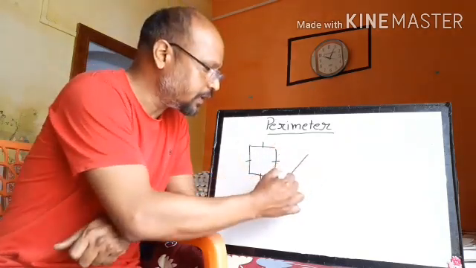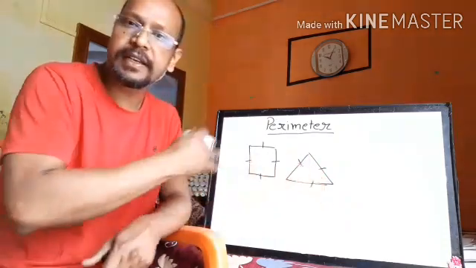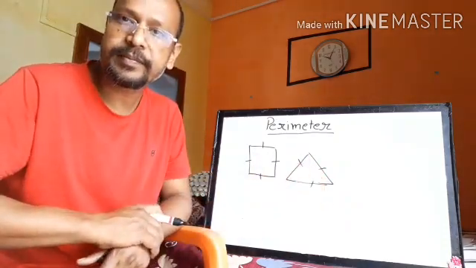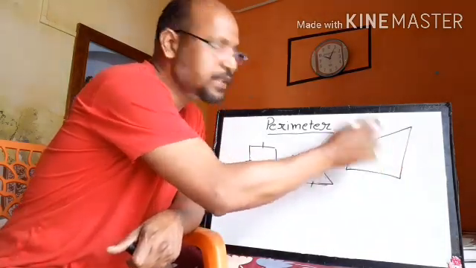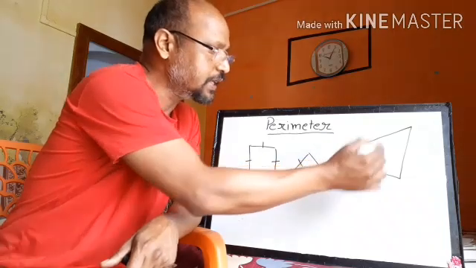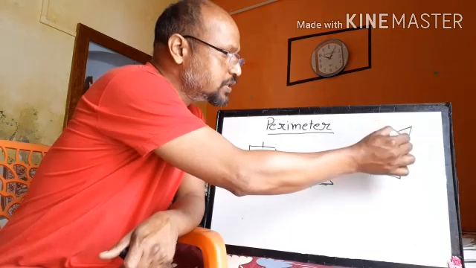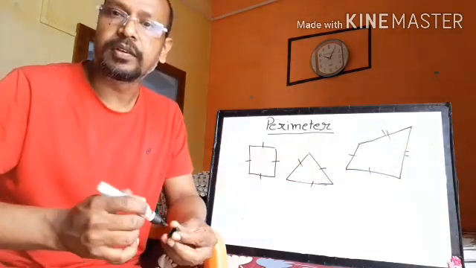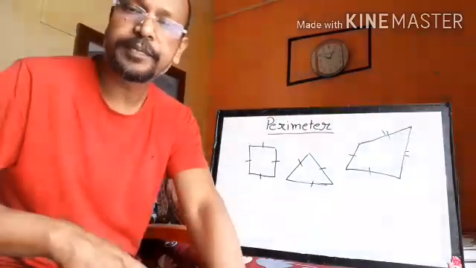Suppose I am drawing a triangle with equal sides, then it is a regular figure. But suppose I am drawing like this, it is not a regular figure. Why? Because it has no equal sides. You can see these two sides are short while these two sides are long. So it is an irregular figure.